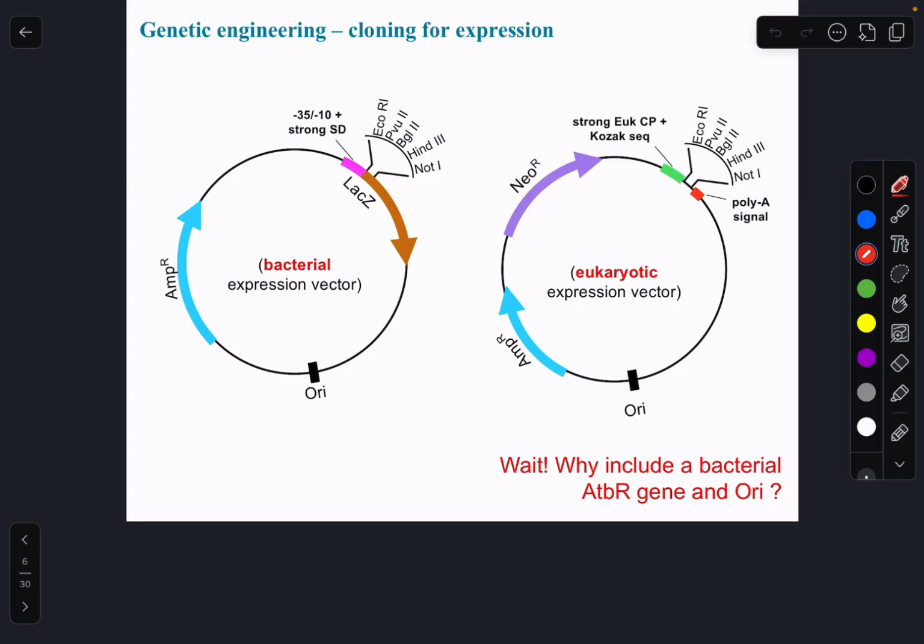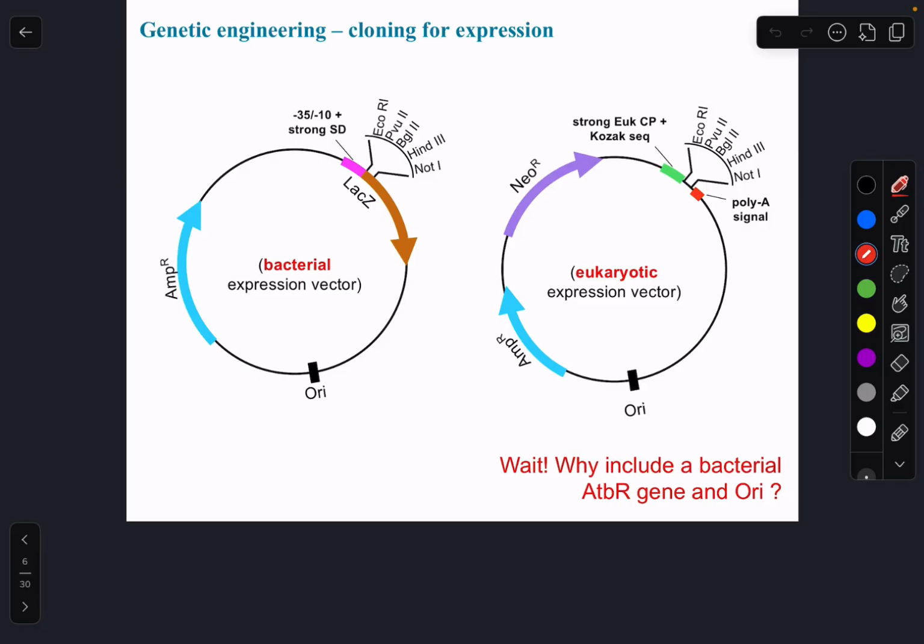If you have a strong eukaryotic promoter and you end up with your insert of interest in the reverse orientation, that promoter will direct the transcription of a gene that is backwards. And whatever you're going to get out of that is most likely nonsense, right? So that's why sometimes you need your insert of interest to go in a given orientation, namely the orientation for translation of that sequence to give you the protein that you want.